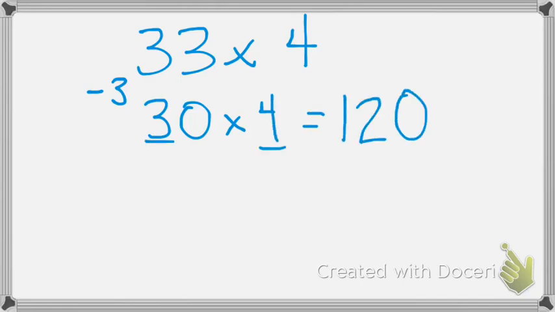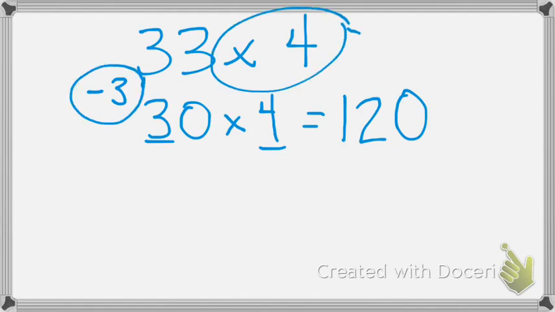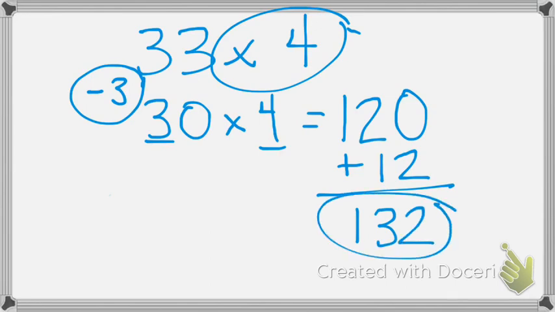Put my 0 on the end. But on this one, I subtracted 3 groups of 4, so I have to then make sure whatever I did in the beginning, I have to add those numbers back in, because I didn't actually multiply enough this time, so I'm going to have to add my 12 back in, plus 12, giving me 132.